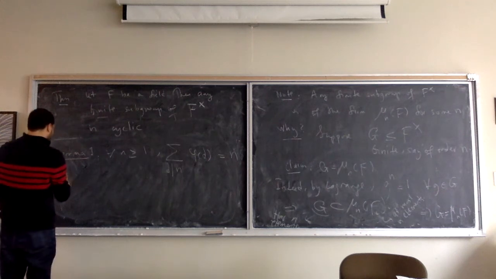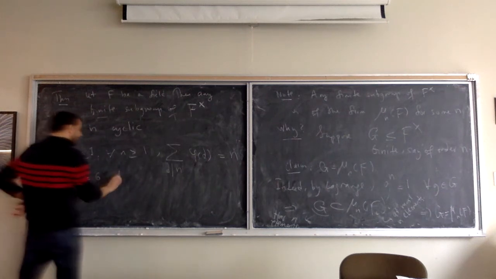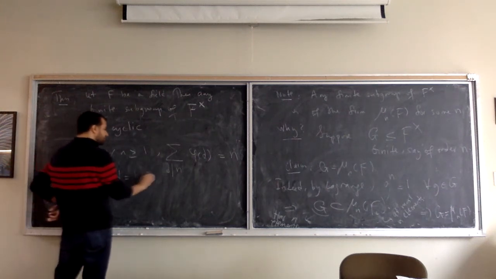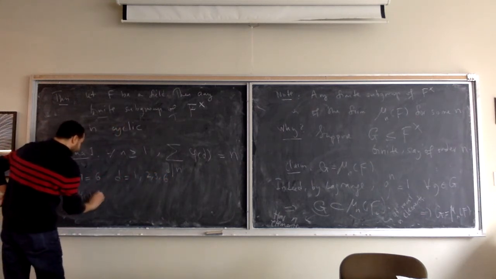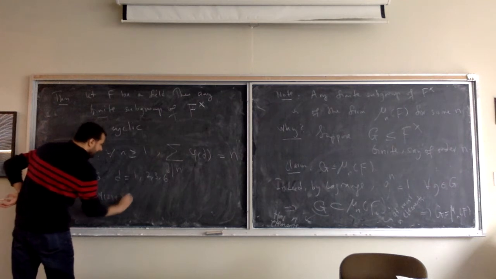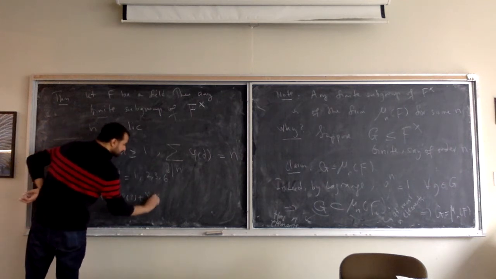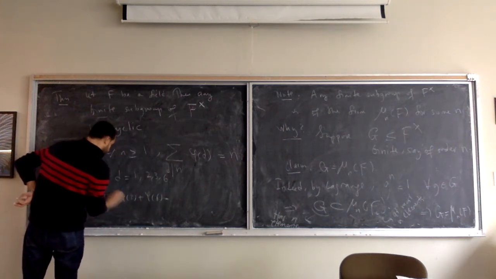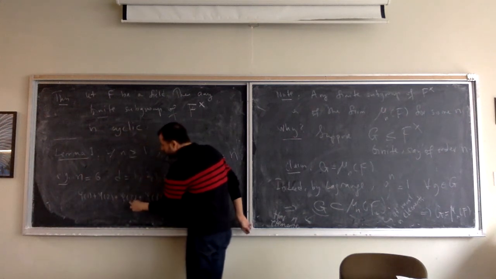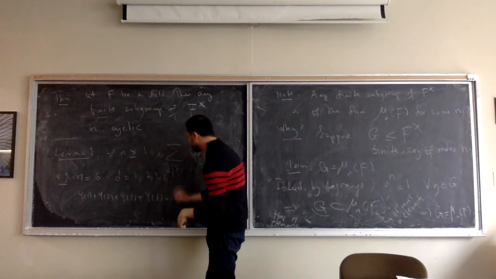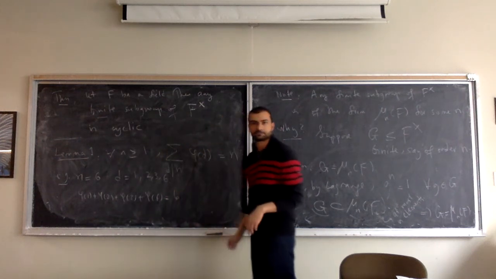For example, if I take n to be 6, the positive divisors are 1, 2, 3, and 6. Then phi of 1 plus phi of 2 plus phi of 3 plus phi of 6 is 1 plus 1 plus 2 plus 2, which is indeed 6.